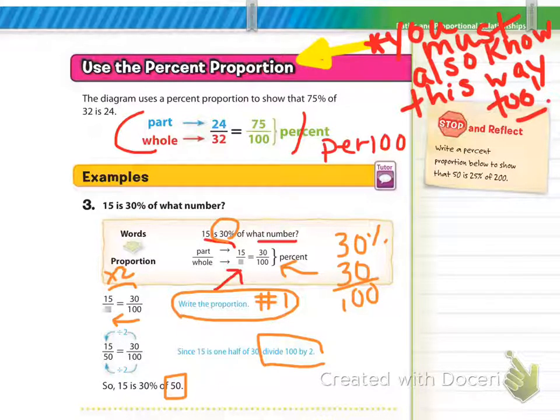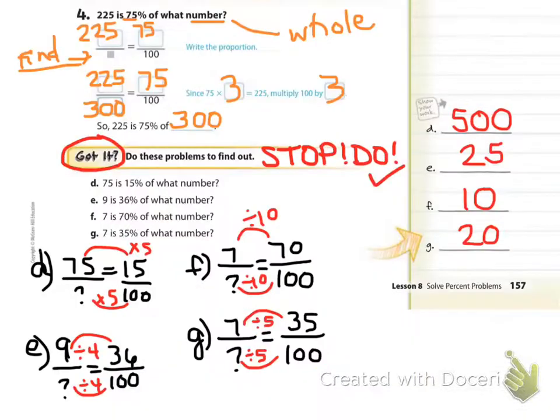Make sure you have this copied before you move on. Number 4 is an example where you are filling in the blanks. The blanks have been filled in for you. 225 is 75% of what number? So you're filling in the percent, which is 75 over 100. You are trying to find the whole. You know the part 225, but you don't know the whole.